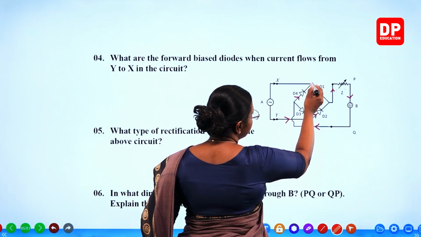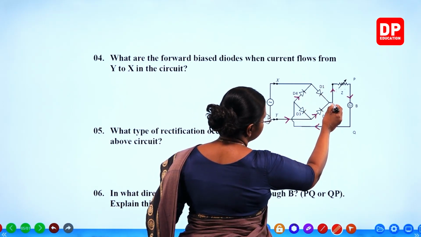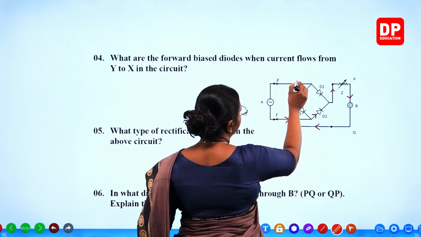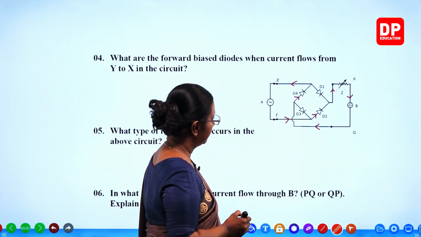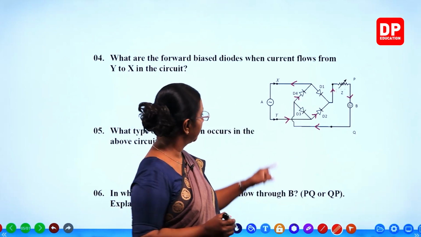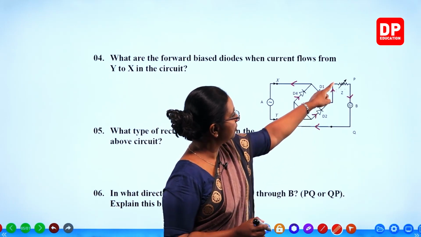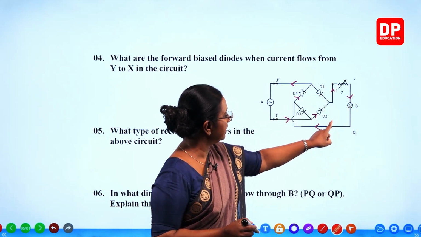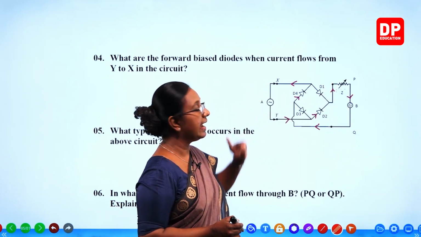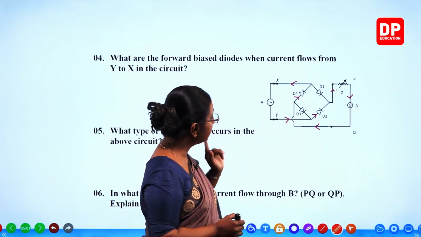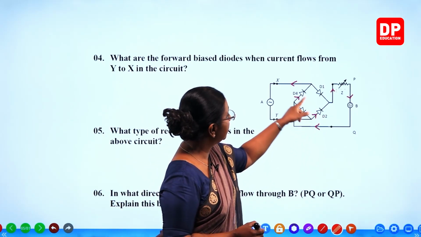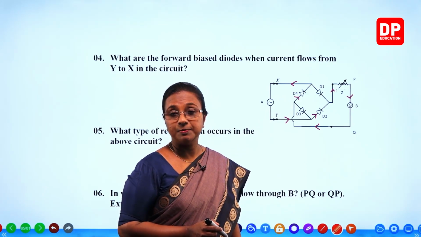When reaching this point, current will flow towards X. So here you can see Y, D2, Z, galvanometer B, then D4 and X. In this instance, both D2 and D4 are forward biased.